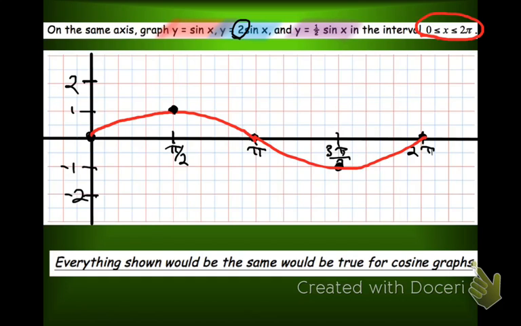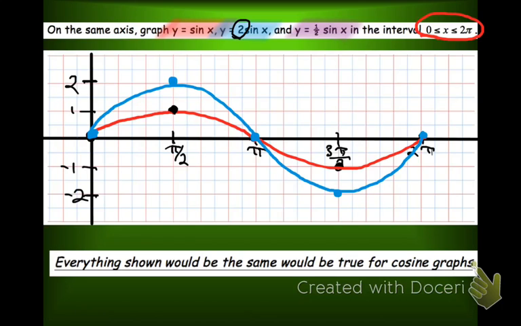So we'll go ahead and, again, still starts at 0, but now we go all the way up to 2, back down to 0, all the way down to -2, and back up to 0. So we'll sketch our new curve like this, and then we go on to the last one.